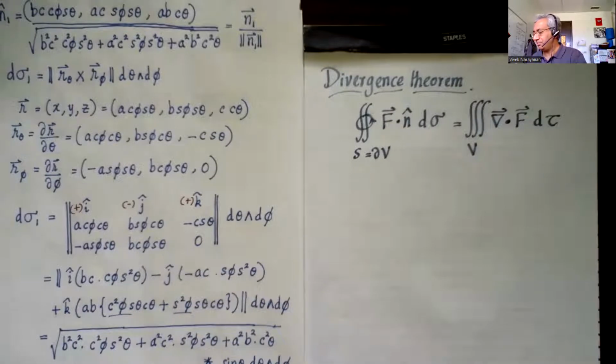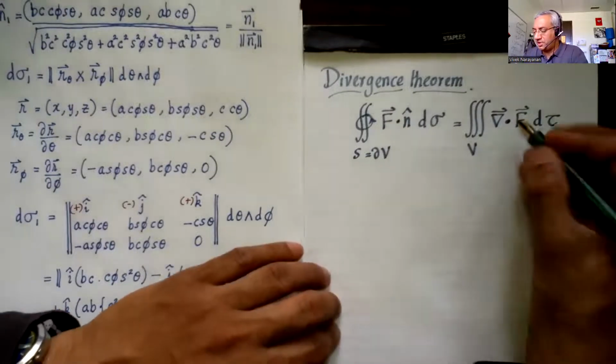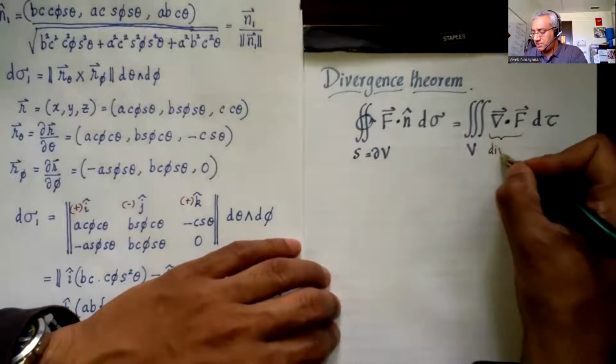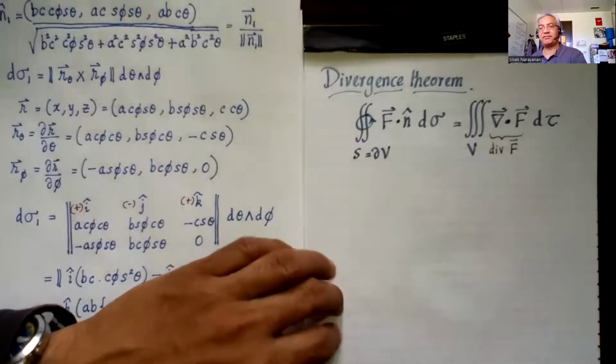This is called the divergence theorem because this quantity here is the divergence of the vector field, sometimes simply called div f.